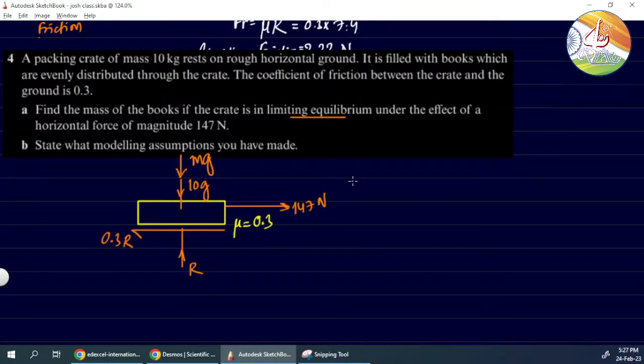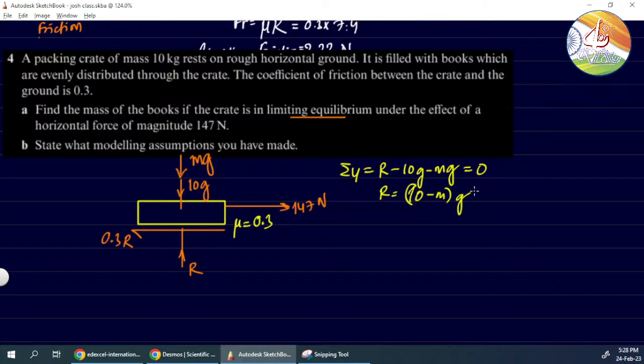Again, we have to do vertical first. So now R is upwards, minus 10g and minus mg equals 0. So R equals (10 plus m) times g.